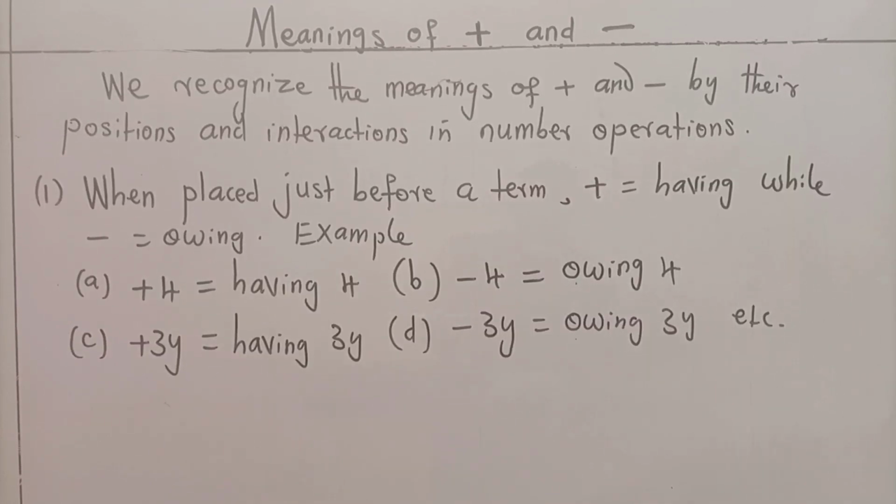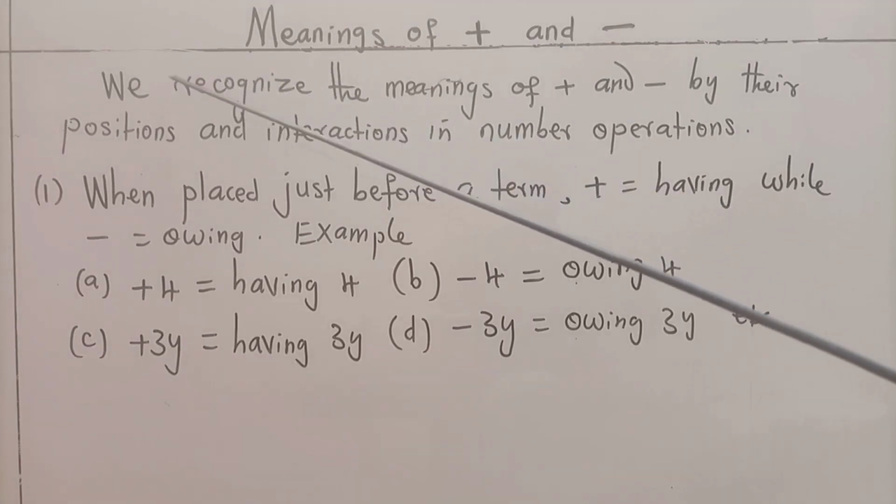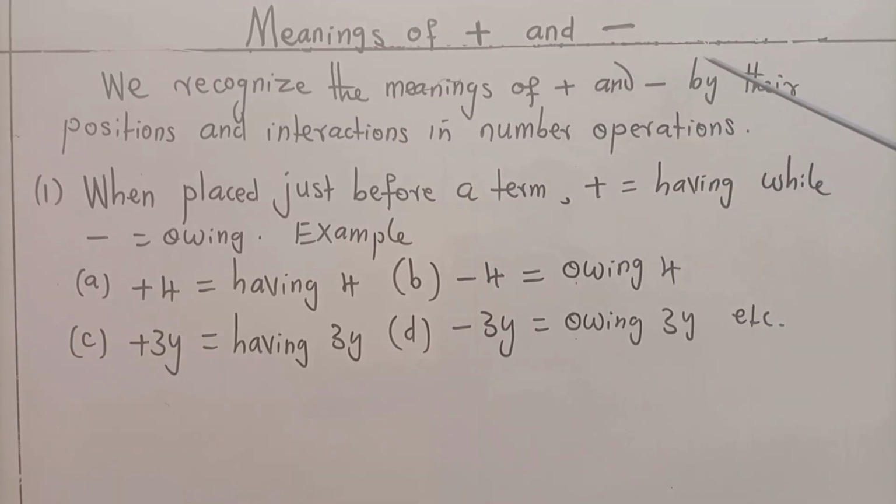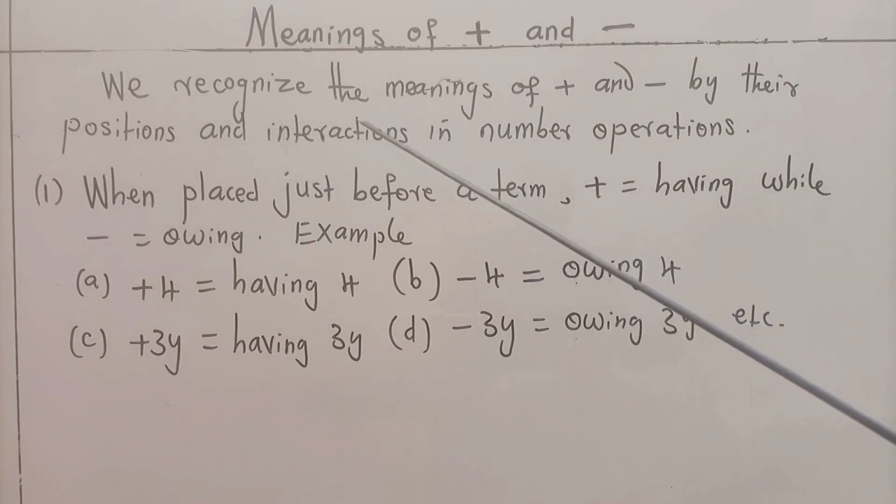Now, this is how to recognize the meanings of plus and minus. Recognize the meanings of plus and minus by their positions and interactions in number operations. That is, by the places they are found and by the way they relate with other signs and terms, we can tell what they are doing in such number operations.